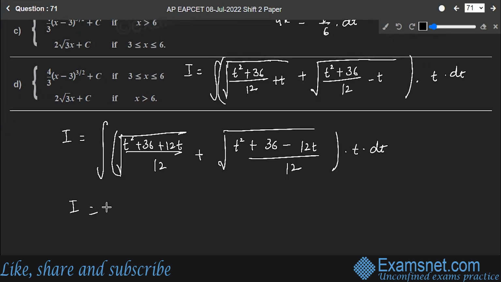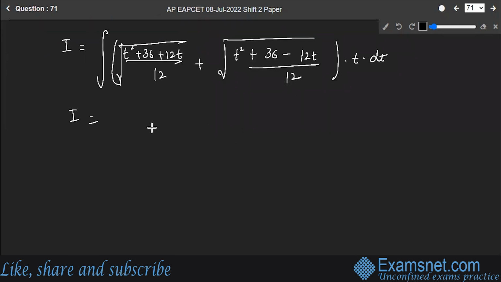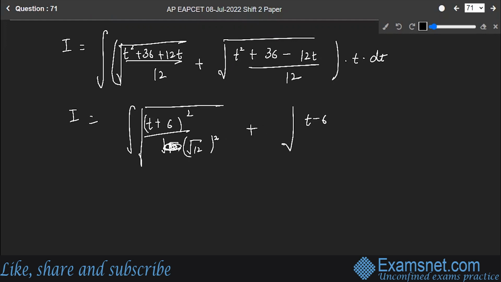So integral will be given by, this is equal to root of t plus 6 whole square upon 12, sorry, root 12 square, plus root of t minus 6 whole square upon root 12 square, into t into dt.